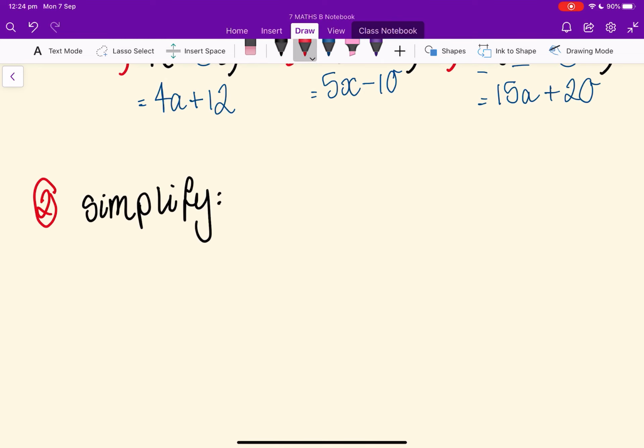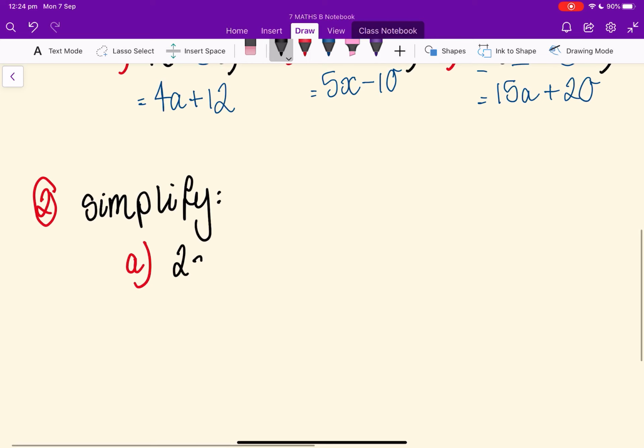So we kind of did this in our last topic. 2x plus 5 plus x. What you're going to do is look for the like terms. Remember, when you see x by itself, there's a little invisible 1 in the front. So this 2x and this x are actually like terms.